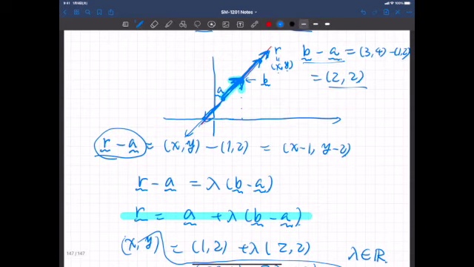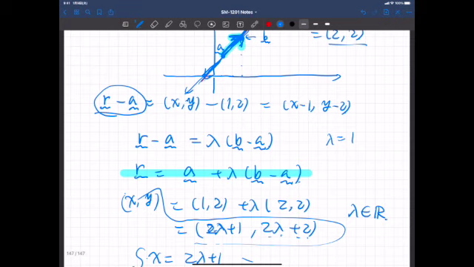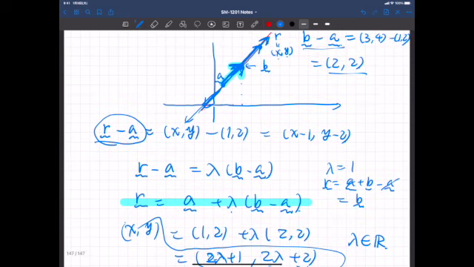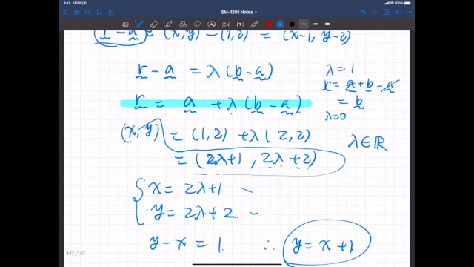So if lambda is equal to 1, then what happens? R is equal to A plus (B minus A), which is B. So lambda equal to 1 corresponds to B. If lambda is equal to 0, then this second term disappears, and R is equal to A itself.